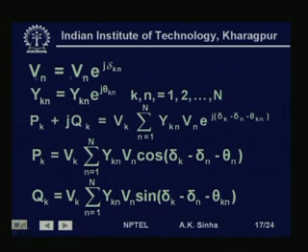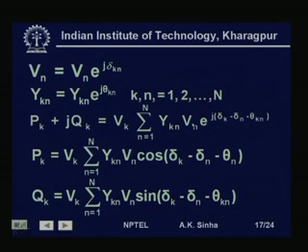So, substituting the phasor Vn and the admittance Ykn, we can write Pk plus jQk, the real and reactive power injection at bus k, is equal to the phasor Vk into summation Ykn into Vn, with e to the power j delta k being the angle for this, and minus delta n being the angle for this, because this part was our conjugate.